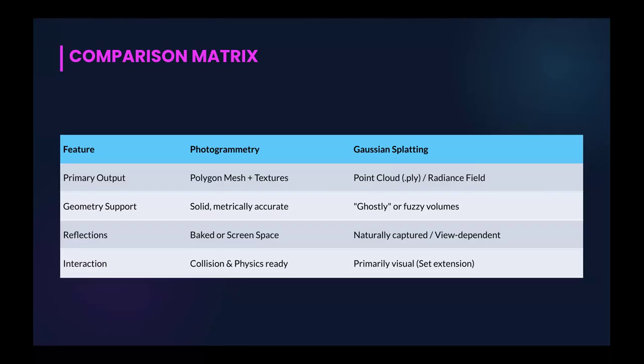The problem with Gaussian splatting right now is that it's a completely new format. Its splats are harder to handle than polygons.